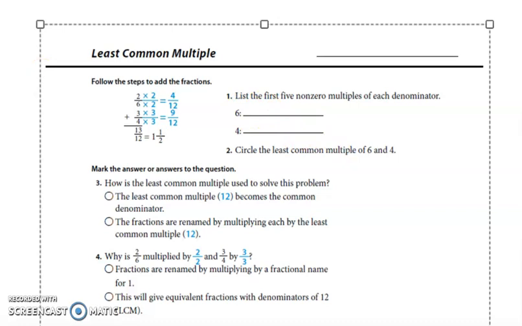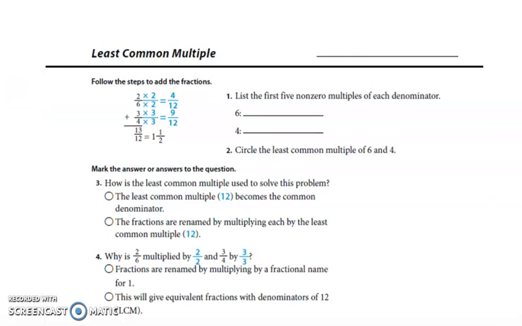So to find out non-zero multiples, we're going to manually multiply 6 with 1, which is 6, and 6 times 2 is 12. 6 times 3 is 18, and 6 times 4 is 24.